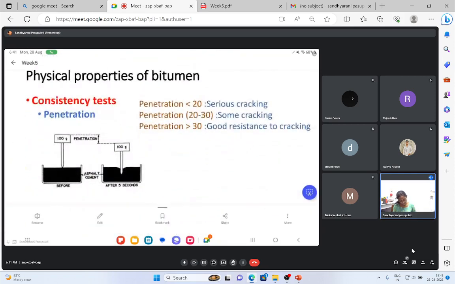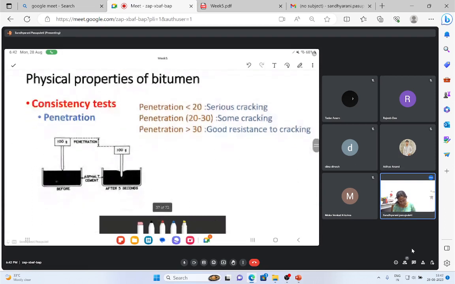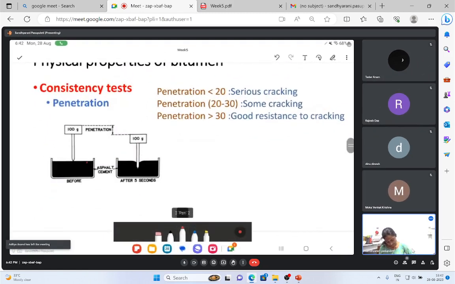So let us quickly go through a few points which are to be remembered. Now we are not going through the detailed process. In the penetration test, let us say I have a bitumen, I take a needle and attach 100 grams of weight, and I want to see how far it goes.